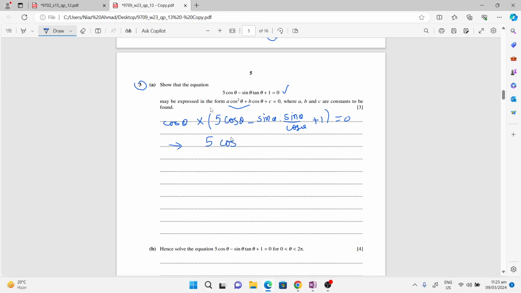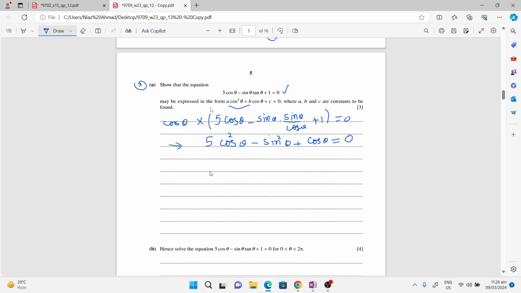It would be like 5 cos square theta minus sine square theta, and plus cos square theta will be multiplied with 1, so it will give you cos theta, and when cos theta is multiplied with 0, it will give you 0. So I have got my 5 cos square theta minus sine square theta.